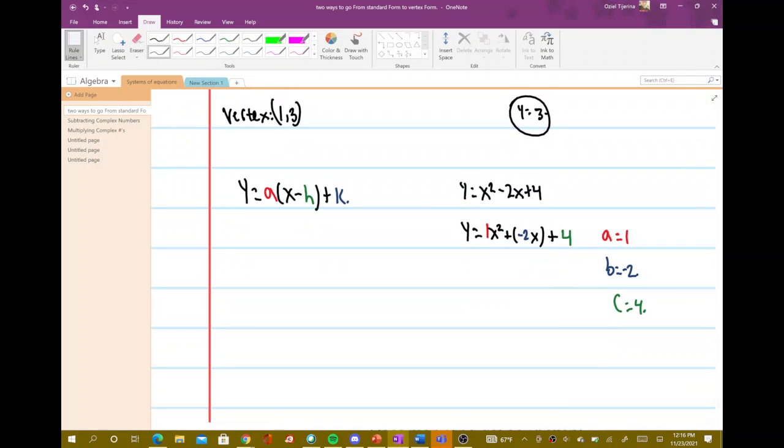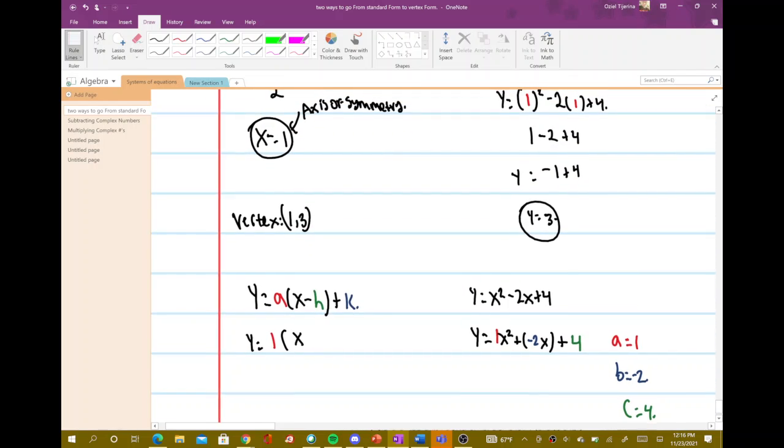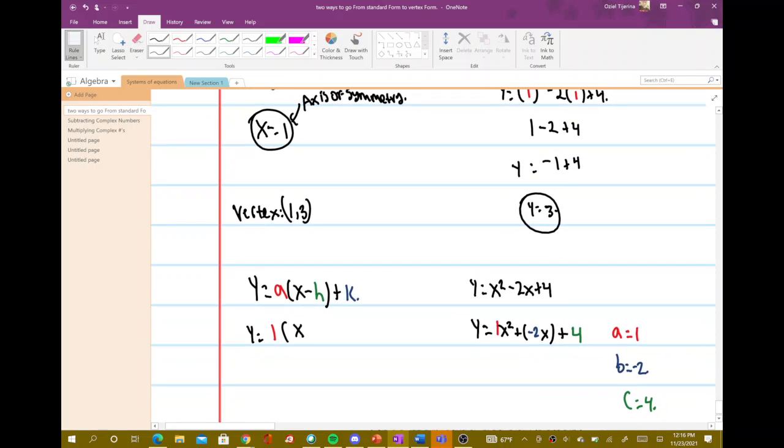So we're going to grab this and we're just going to plug it in. So we have y equals 1 times the quantity x, and then, like I said, the vertex is 1, 3. That means that h, so again, the vertex is h, k, so h comma k, and so we have x minus 1.